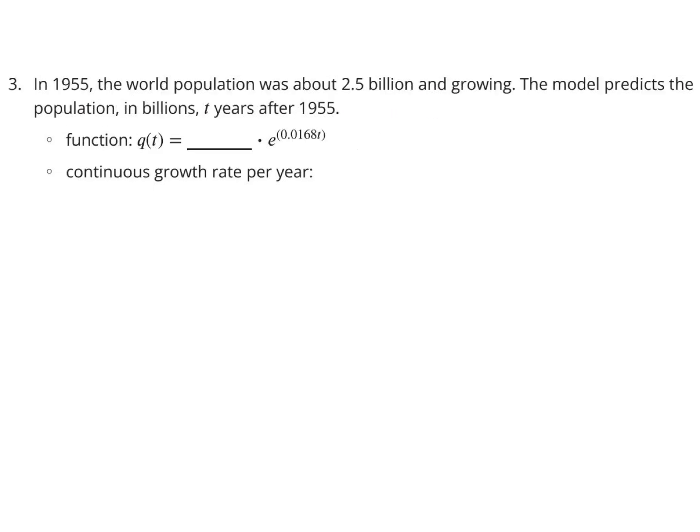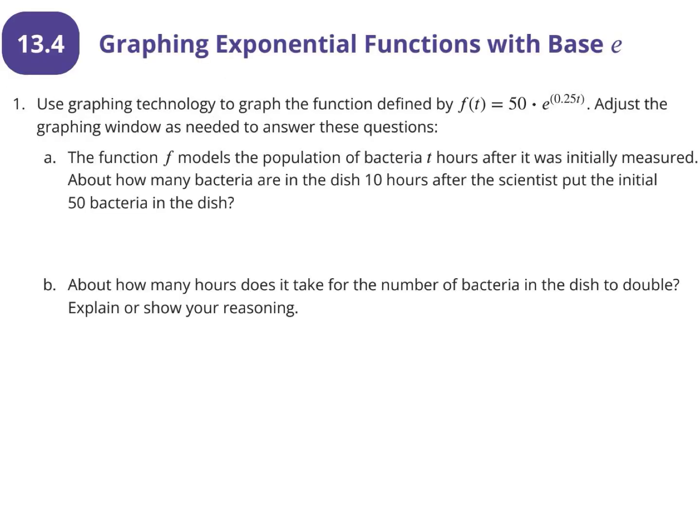And then for my final one, in 1955, we were at 2.5 billion. The continuous growth was 0.0168. I multiplied by 100 to get a percent, which gives me 1.68% per year.